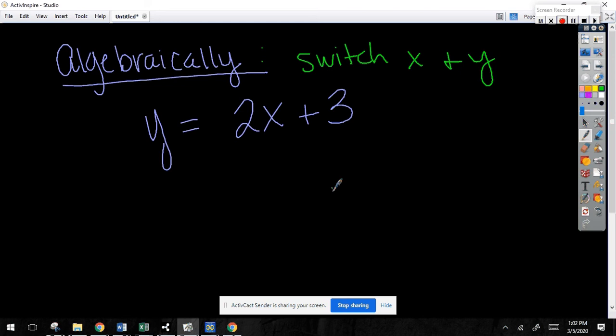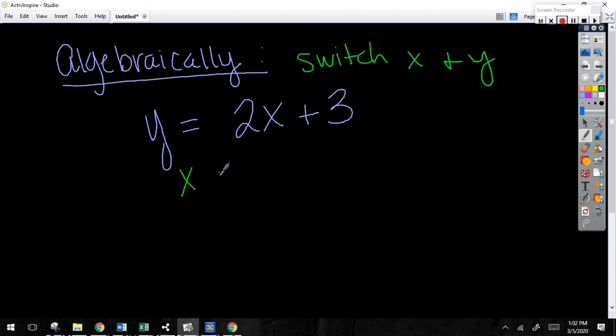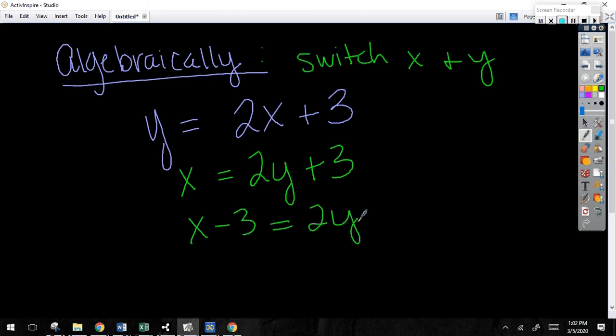So I'm going to have x equals 2y plus 3. How do I solve that for y? Minus 3, and then divide by 2.